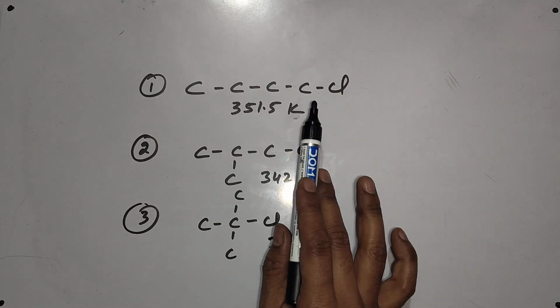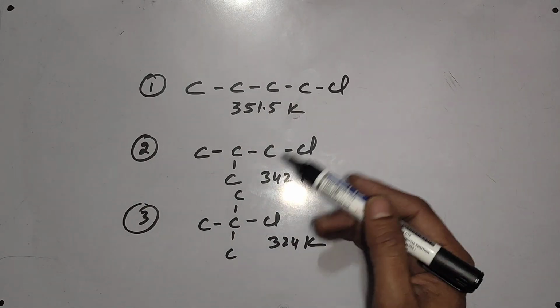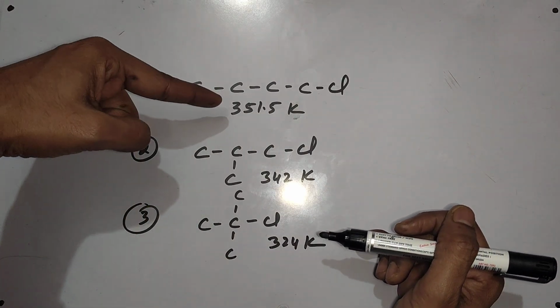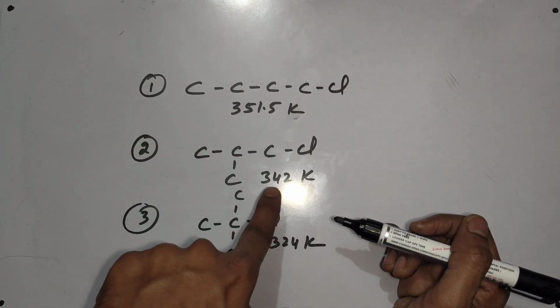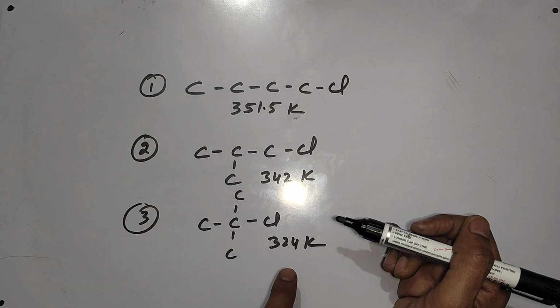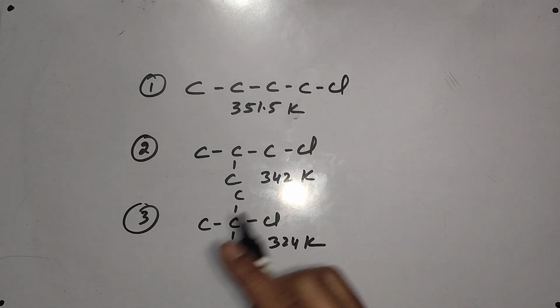You can check that the number of carbon atoms is the same, so the number of hydrogen atoms will be the same there. But from here to here, the boiling point is decreasing: 351, 342, 324. Why? We can check what is the difference in them.